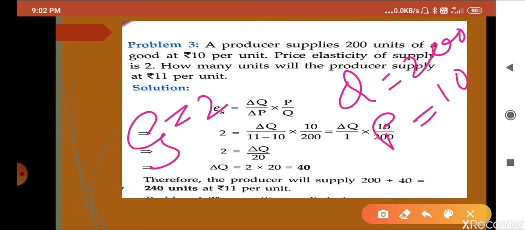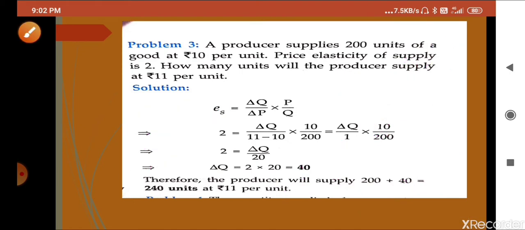At rupees 11. So P1 is given here. So delta P will be 11 minus 10, P1 minus P, which is equal to 1. And then delta Q we have to identify.